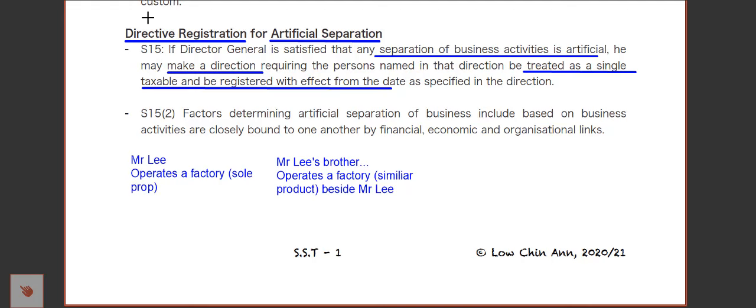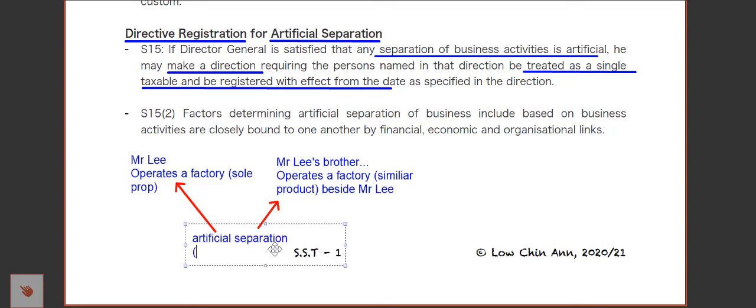There are a lot of these nasi kandar kind of restaurants operating in this manner. Now, if the Director General of Customs finds that you are just trying to create two different entities, but in fact you are operating the same business, this is called artificial separation.